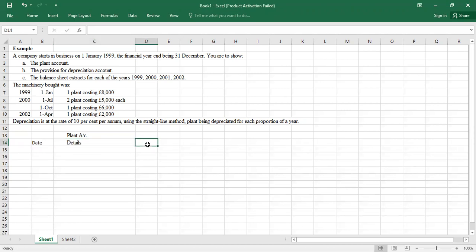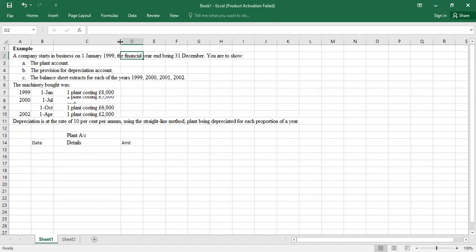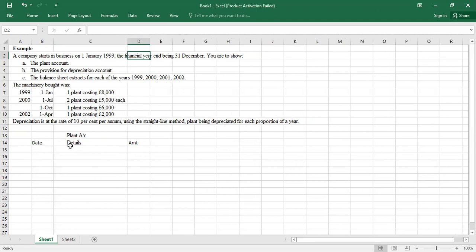I have the amount. That's the debit side. And of course, the same case will apply to the other side, so I'll copy and paste.